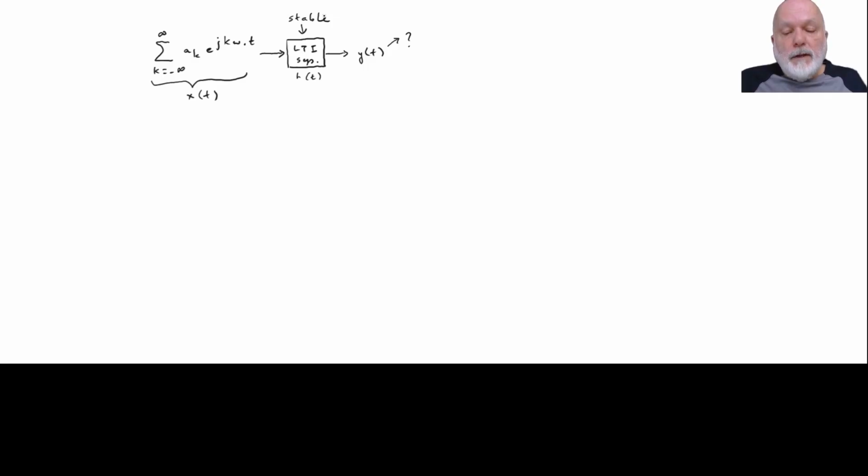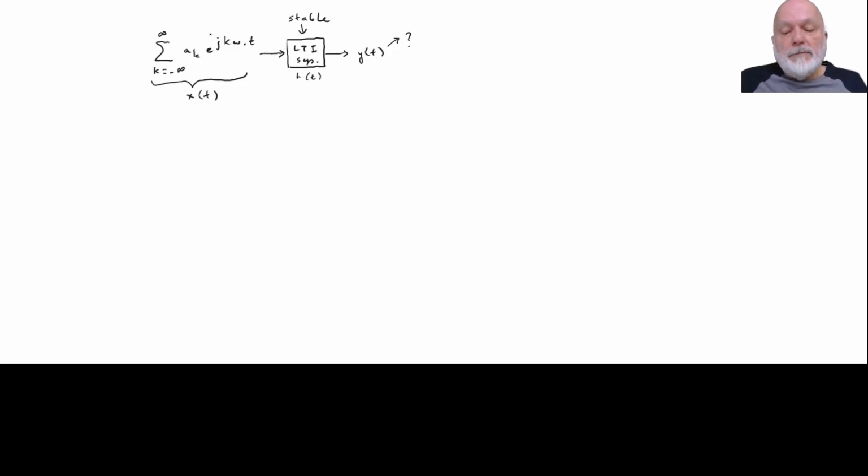Now, we can approach this problem in the following way. First of all, we see that the input, which is a periodic signal, is written in the form of a Fourier series, which is the superposition of weighted complex exponential signals.